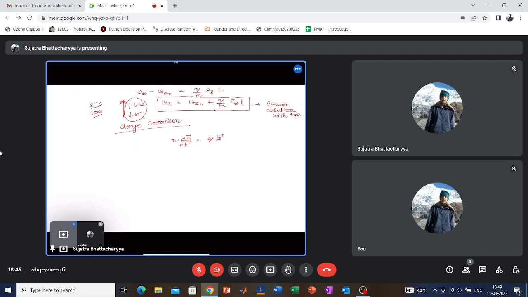Now if we just dot it with velocity, it becomes qE dot v. Now the left side can be written as d dt of half mv square, you do it, it will come out to be the same, and that will be equal to qE dot v.